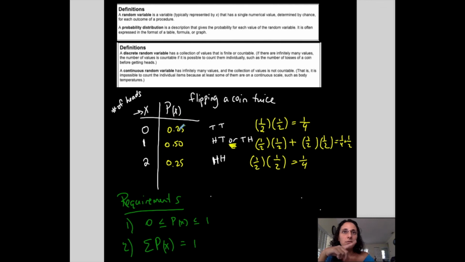So this column has to be equal to 1. That is what a probability distribution is, and that's what random variables are. This is a table form of a probability distribution. You're going to see graphs coming up in chapter 6. Not as many formulas in this class. So let me stop there and ask if there are questions.